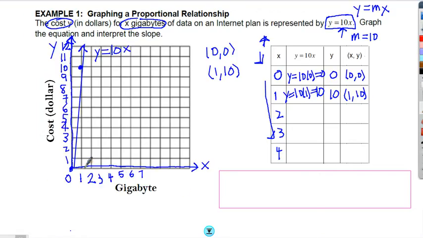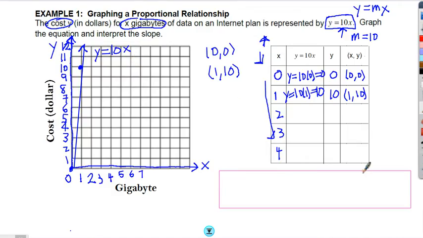That's how your graph should look. You need to label the x, y values: y represents the cost in dollars, x represents the gigabytes, and all the grids are labeled. I have the line drawn with a ruler, it's straight. I have 0, 0 and 1 comma 10. I drew the line, and I labeled the line as y equals 10x. That's all you have to do.